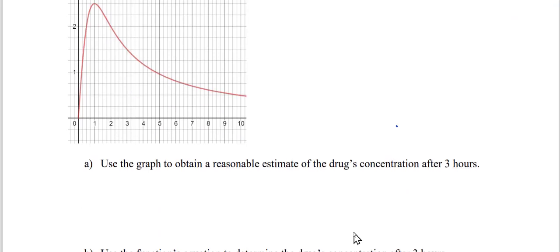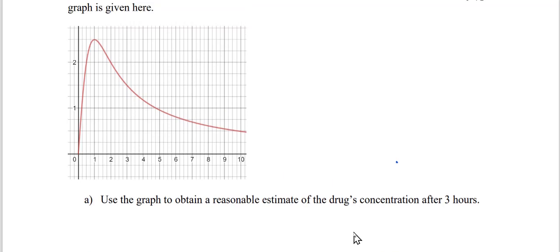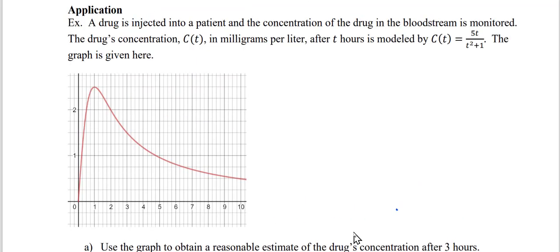Use the graph to obtain a reasonable estimate of the drug's concentration after 3 hours. Looking at the information we're given, t is the independent variable and C, concentration, is the dependent variable. So time is independent, concentration is dependent. After 3 hours means we're looking at when t equals 3.